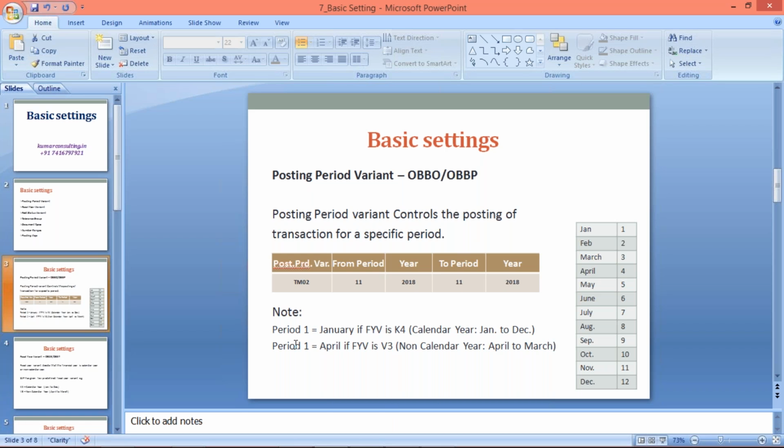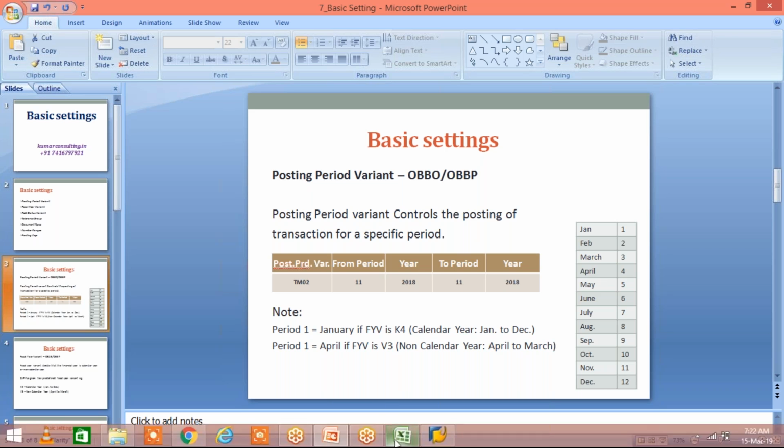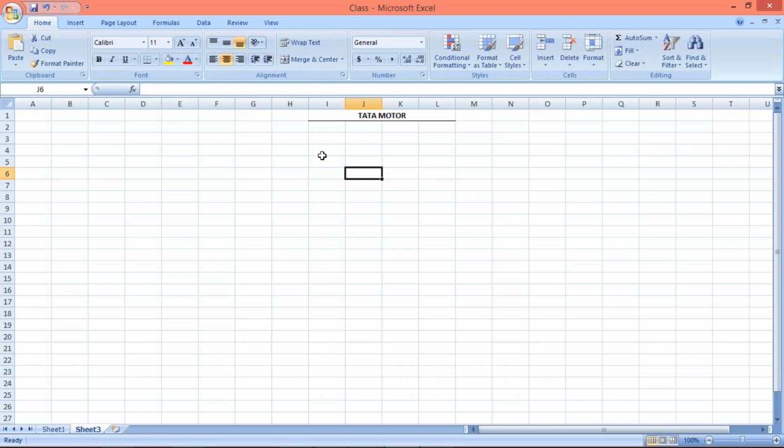Now, say for example, I'll tell you. Say for example, Tata Motors is there, and suppose they are still maintaining registers and all, or they are using some small ERPs. There will be certain employees, let's suppose there is an employee.